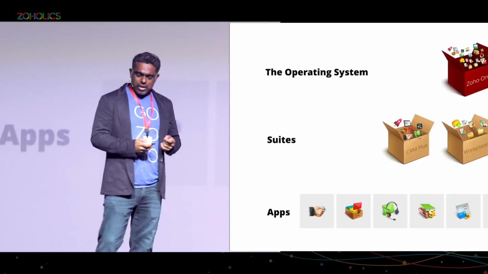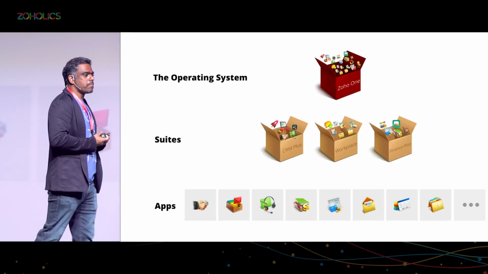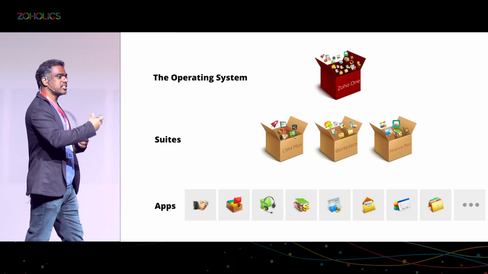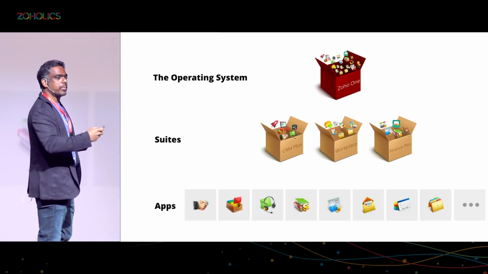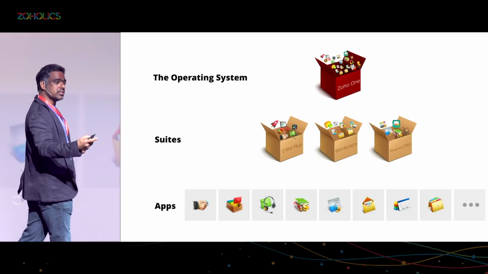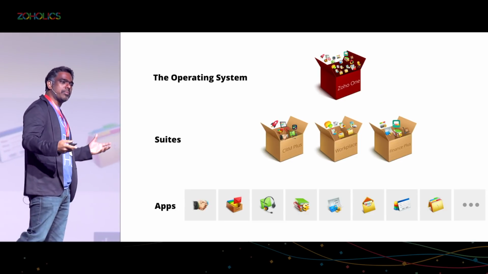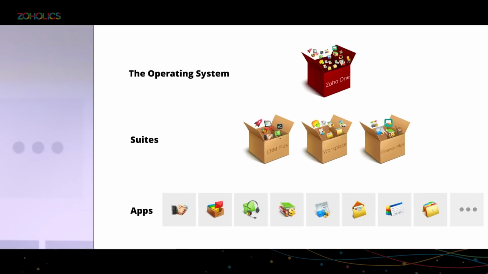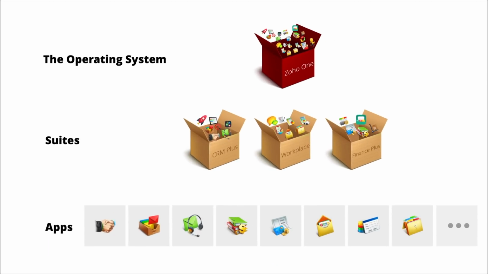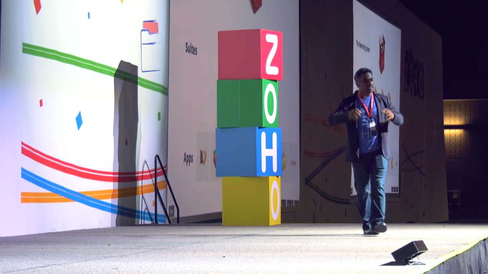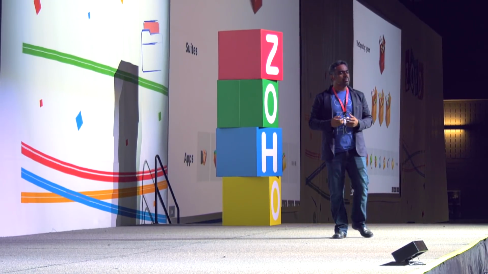Now, if you look at our offerings, if you are tactically deploying a particular application for your specific business need, you can license any of our 40-plus individual applications. Now, if you start using multiple applications, you can go with our individual suites. We have the CRM Plus suite, which is our customer experience platform. Finance Plus, that offers the back office operations on the finance side in a neatly integrated platform.